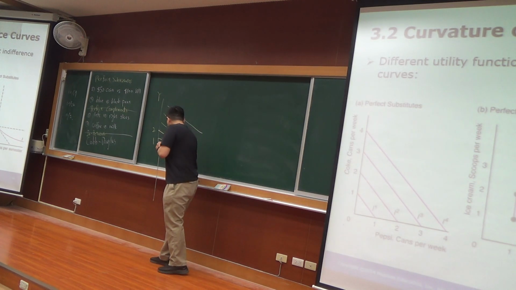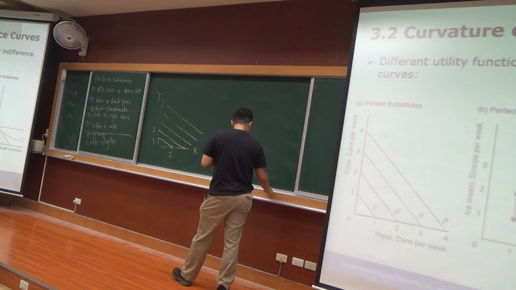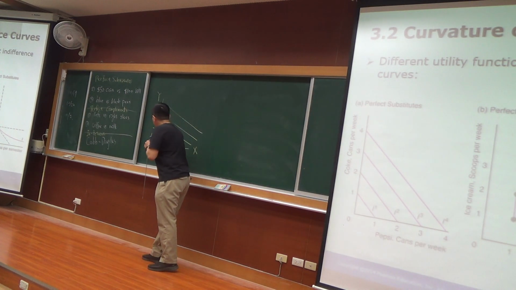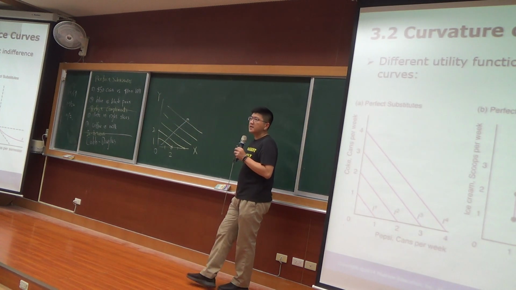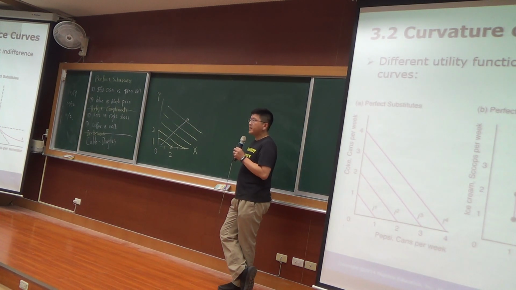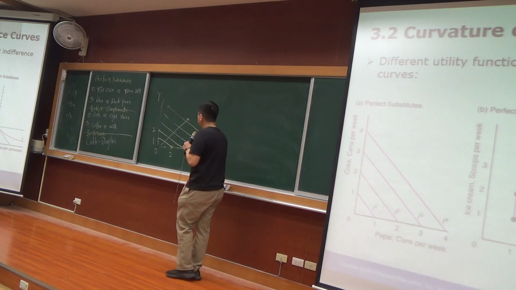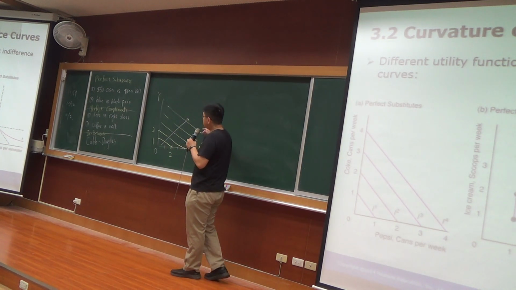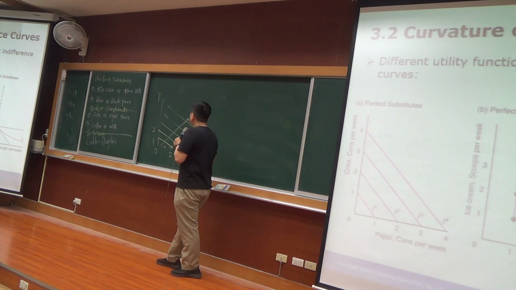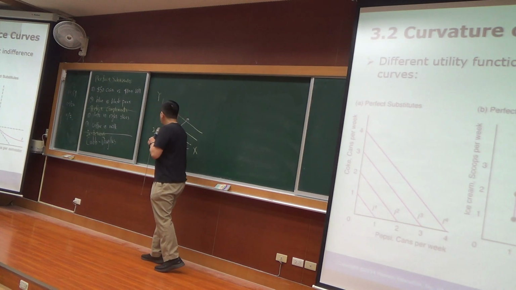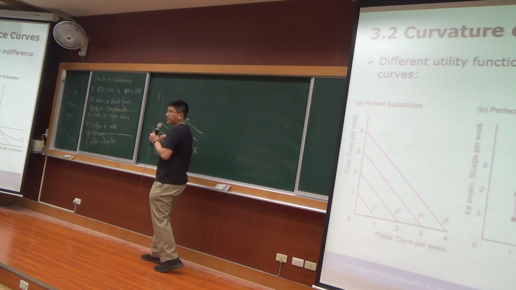The farther the indifference curves are from the origin, the better off we are. We prefer this one to this one to this one, right? The ratio is 2 to 1.